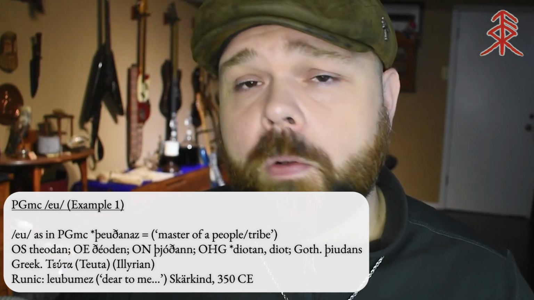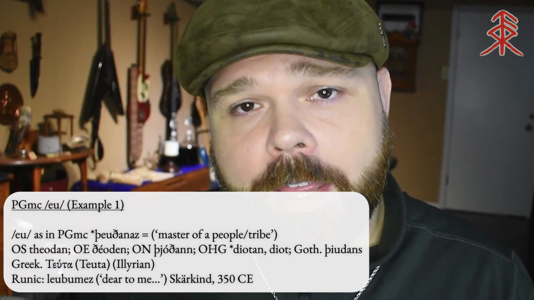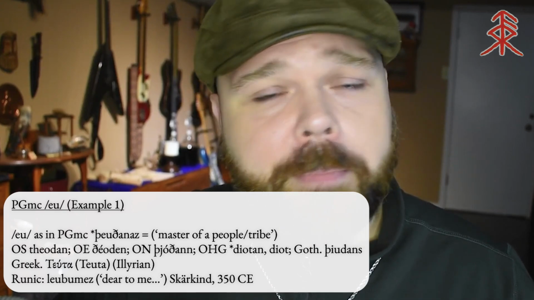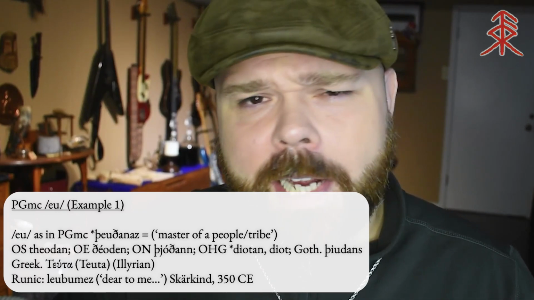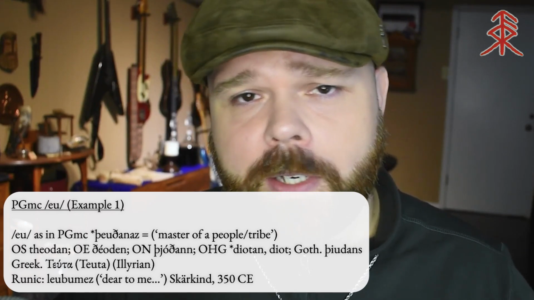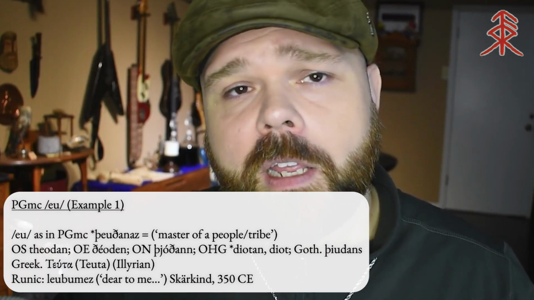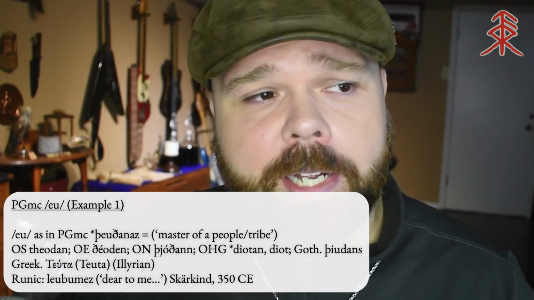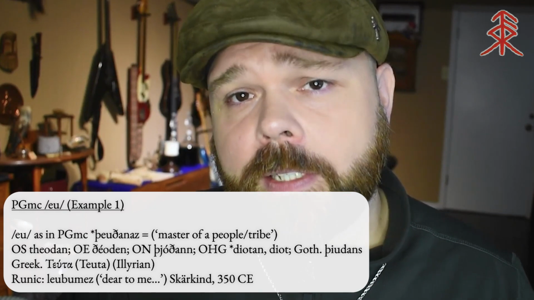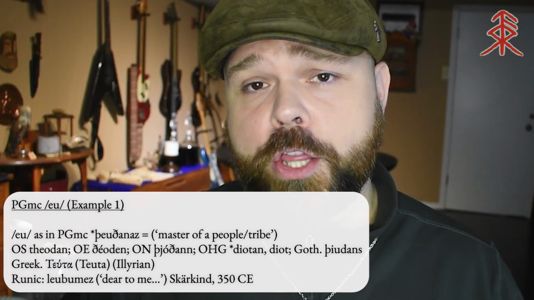And so we'll see in Old Saxon, Theodon, right? It becomes EO. It is actually also reflected with an IO in Old Saxon too, but for our purposes here, the EO is closer to Proto-Germanic, so we're going to go with that. In Old English, it's also Theodon, and then in Old Norse, Thjóðan, right?